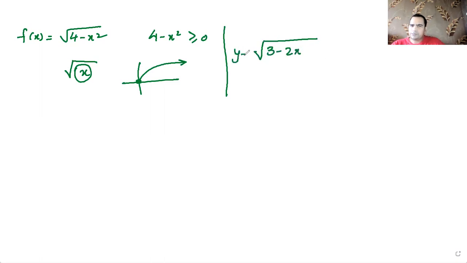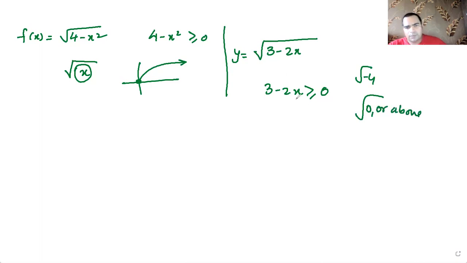Now 3 minus 2x must be greater than or equal to 0, because inside the root it must be positive. If it is not positive, it will become an imaginary number inside the root. So root of negative 4 is undefined. That's why inside the root, it must be 0 or above. That's the condition, so we use that to find the exact domain for this graph.